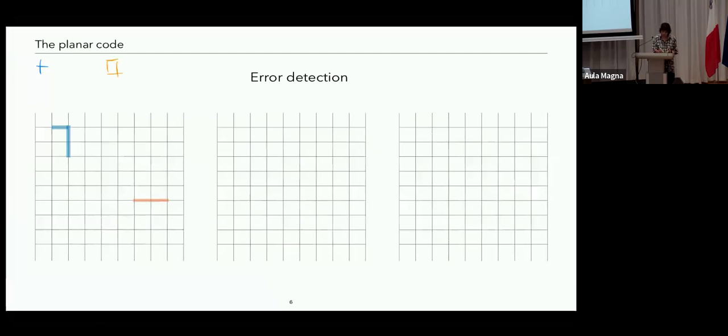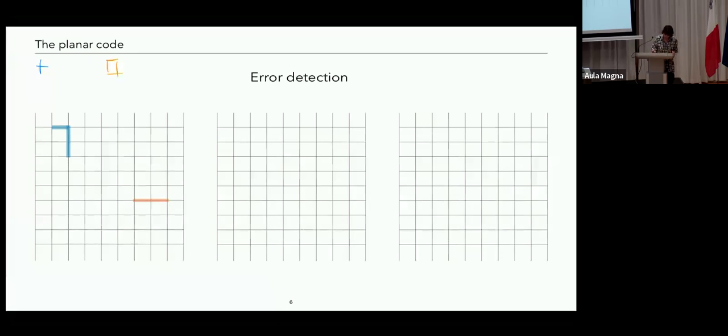So let's suppose that we have a blue kind of error. Anyone knows what should I measure to detect this kind of error? Like I have two choices, blue vertex and orange face. Anyone knows what I should go for if I want to detect the presence of this error?